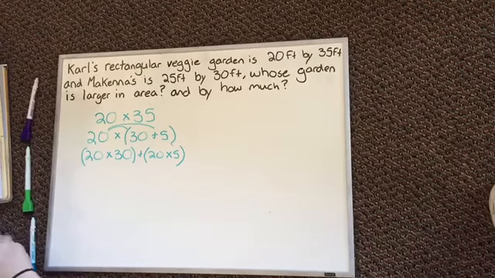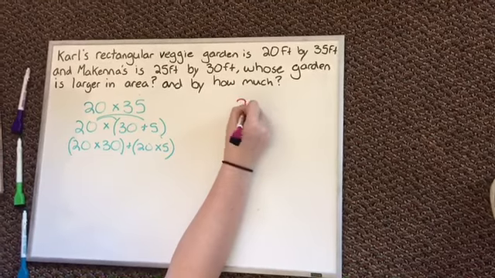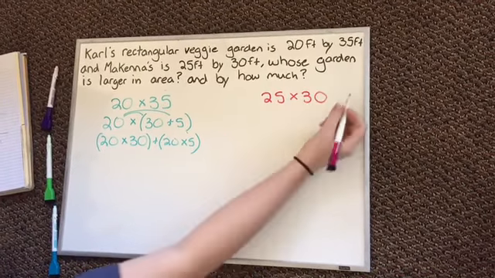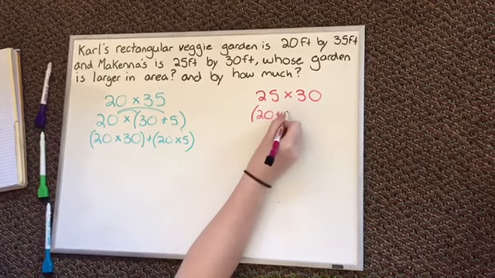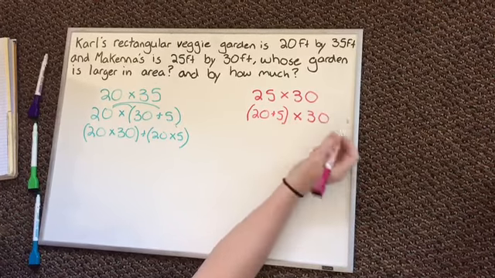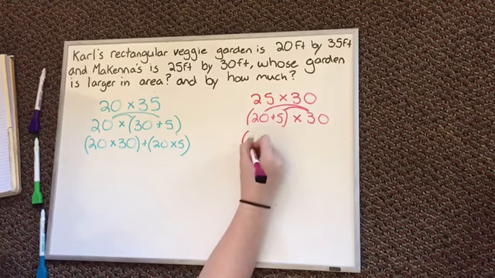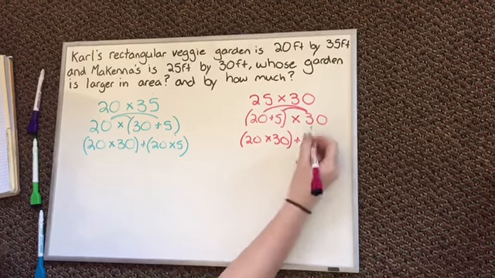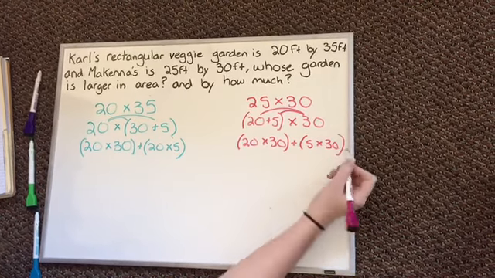Now I'm going to do the same thing for McKenna's. We have 25 by 30, and I'm going to split up the 25. So I'll have 20 plus 5 times 30, and since I'm distributing this 30, I'll have 20 times 30 and 5 times 30.